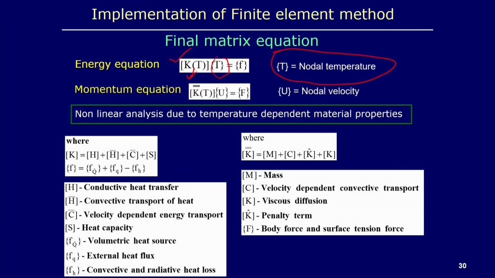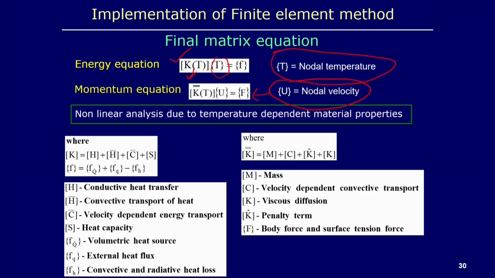From the momentum equation we can find the solution of the nodal velocity in a similar fashion, where finally you make the matrix in the form of A x equal to B. So, we will be getting the velocity field at each and every node point. If it is a 3-dimensional problem, we will be getting the 3 components of the velocity at each node point, and if we get these distributed values, we can predict the velocity field at each node point over the solution domain.